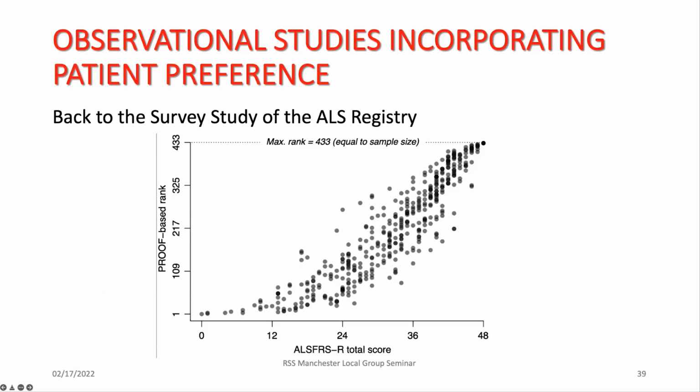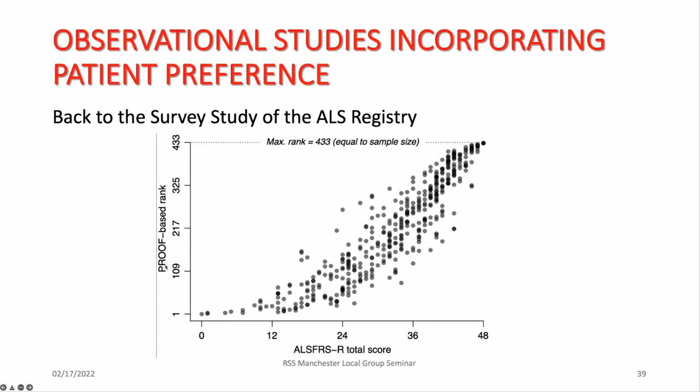So here's one example. We did this with 443 patients, with the ranking, in the ALS registry in our survey study. On this scale is the ranking based on our proof. I just explained, this scale here is their total score. And now you can see they are not linear, right? There's some curvature here. That shows the proof-based ranking.